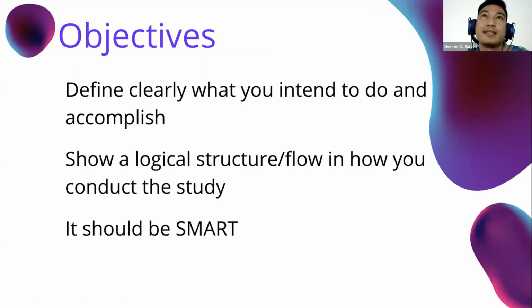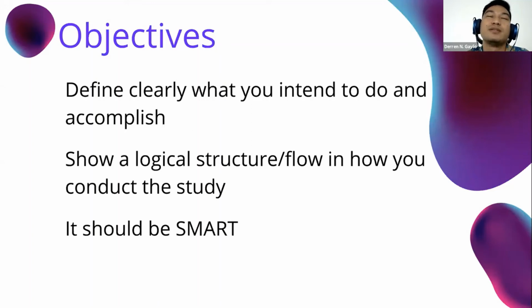So with this, what I can share about the objective is that it should be really clear. If you write the objective, is there a significant relationship of this and that? Then it can be answered using correlation, and you can make use of this statistic, something like that. Because in writing our objectives, we need to know beforehand how we will answer it.